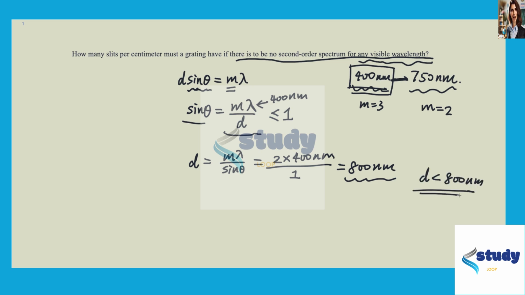But d is the separation between two slits, and right now we're asked how many slits per centimeter. So we should be looking for 1 over d.